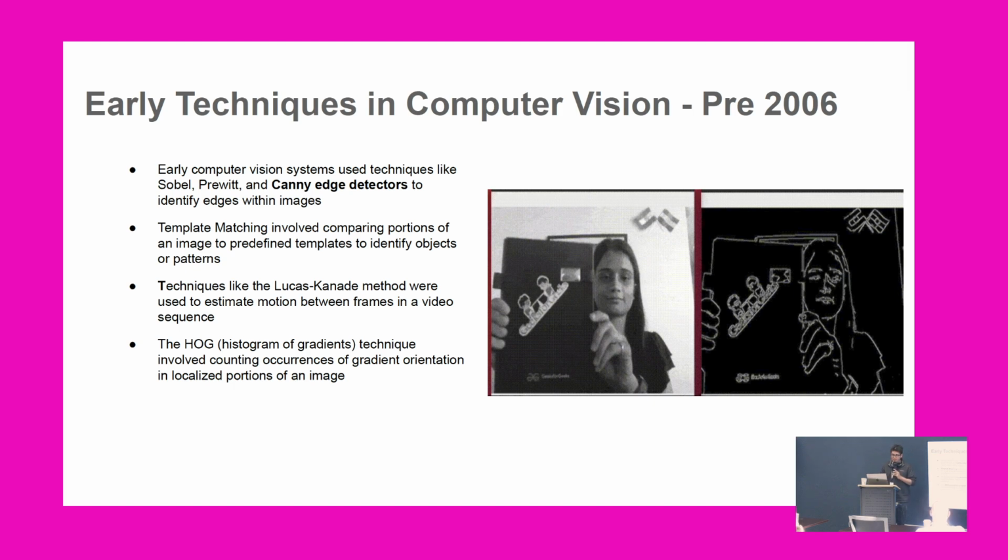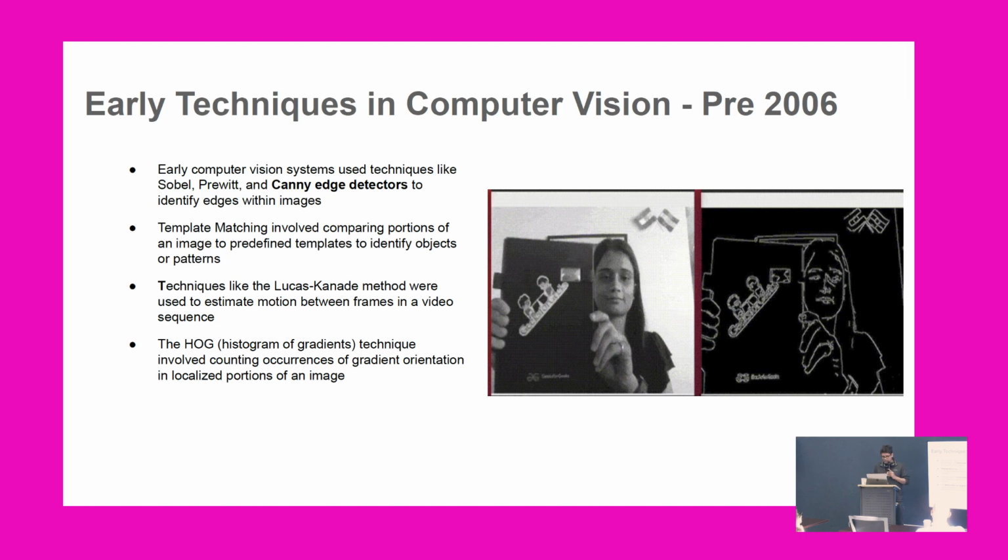And then another classical technique is called histogram of gradients, which is used to locate change points or gradients of intensity within an image, which can help determine boundaries and help do things like edge detection or look for objects. I'm mentioning all of these techniques because there's a huge amount of literature on how to apply them to computer vision, and it was all relevant prior to the 2000s.